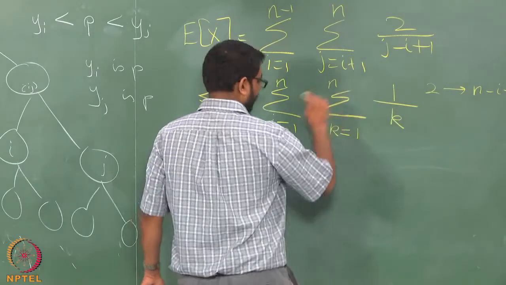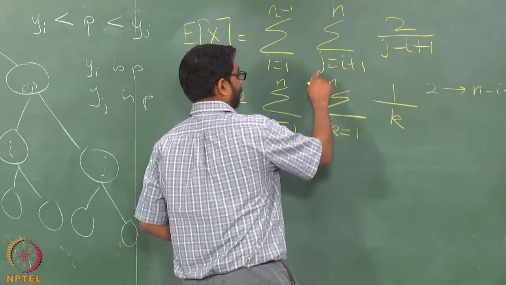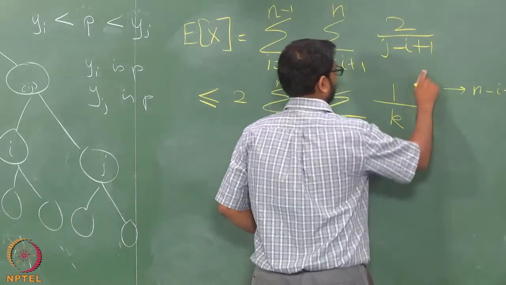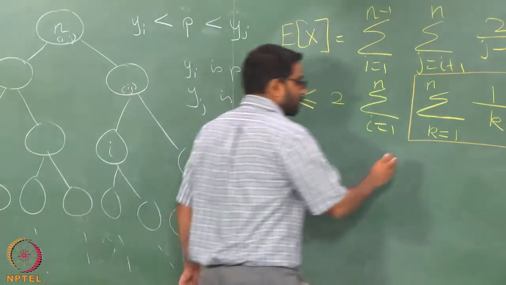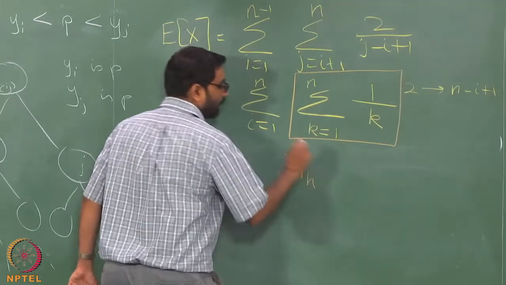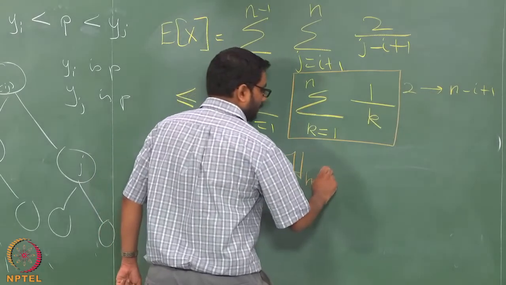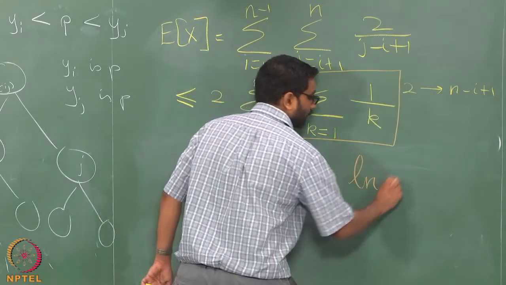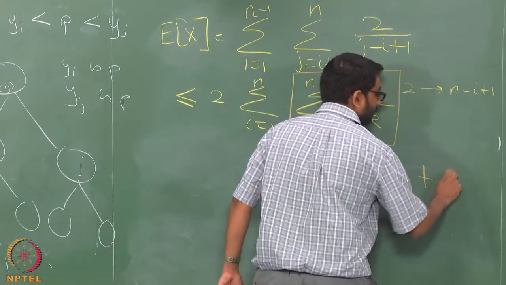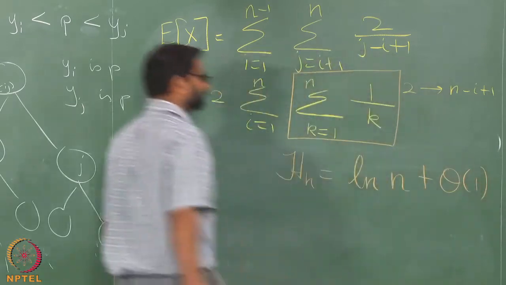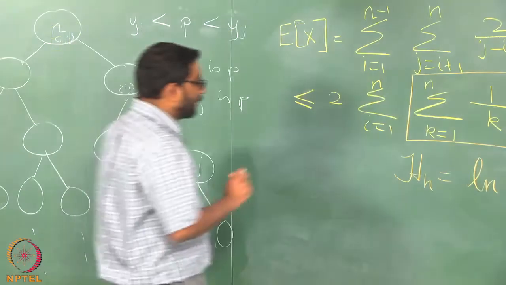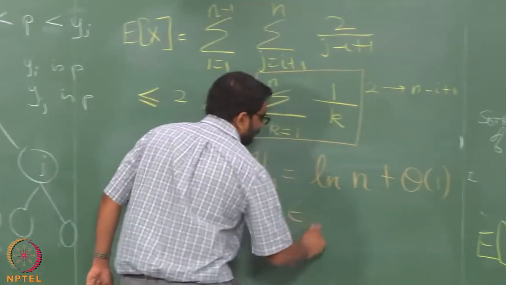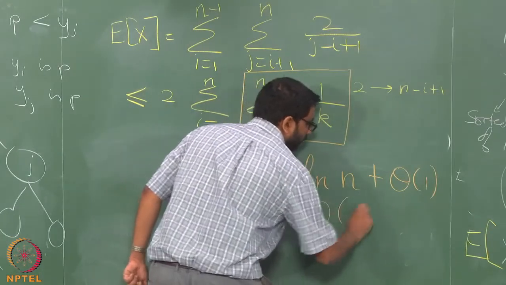So this quantity is nothing but the nth harmonic number, denoted Hn, and this is equal to ln n plus theta of 1. This is a known quantity, and so essentially this is O of log n.